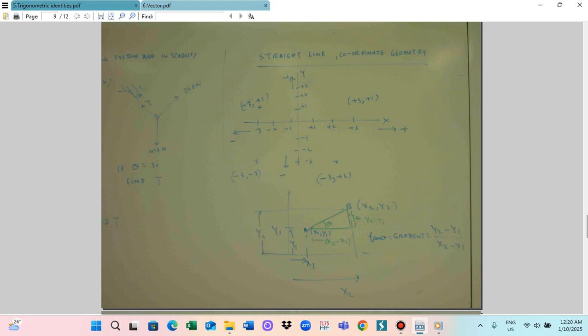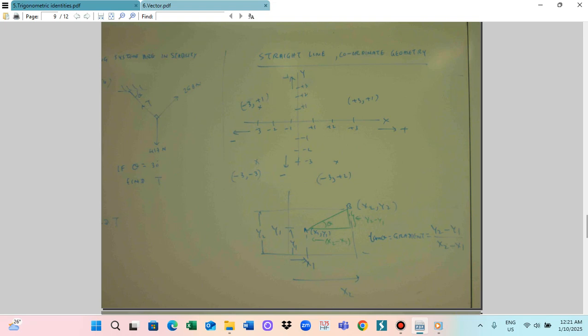So this angle theta is the gradient. Tangent theta is also equal to the gradient. So gradient is equal to y2 minus y1 divided by x2 minus x1. By this we can find the gradient of the straight line.